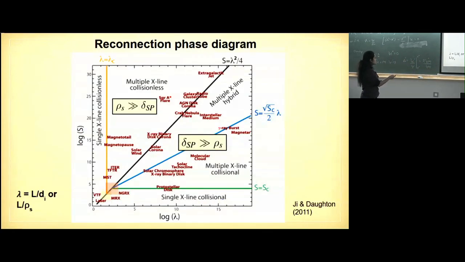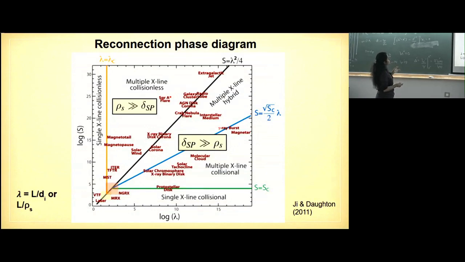So this is the reconnection phase diagram. What one does here is use magnetic reconnection relevant parameters to map out different plasma regimes and chalk out the nature of the magnetic reconnection in these different plasma regimes.